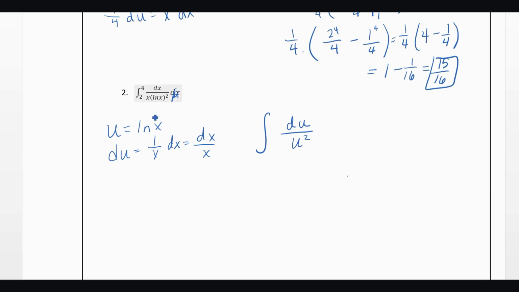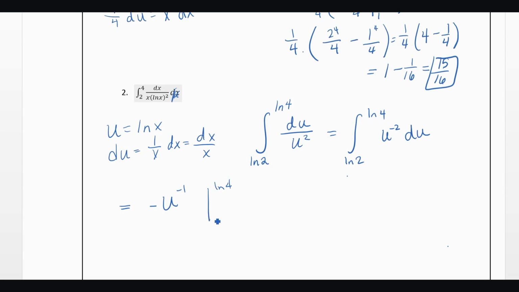Now we're going to plug our 2 into our u, so that'll just be natural log of 2. Plug our 4 in, so natural log of 4. Now we can rewrite this just to help us see that we're going to use the power rule: u to the negative 2 du. Integrating this, we'd have u to the negative 1 divided by negative 1, which is the same as just putting a negative out in front.